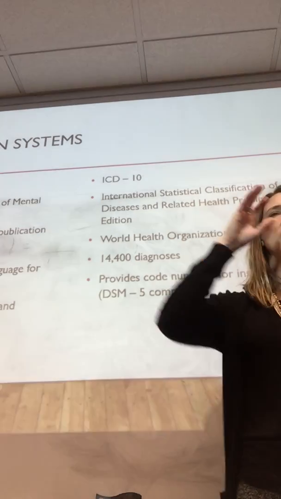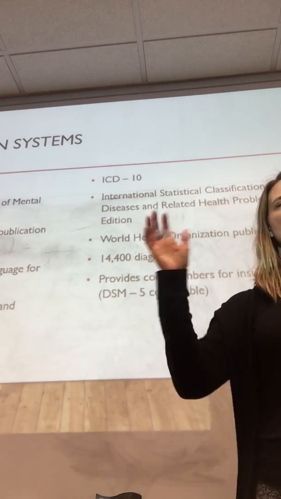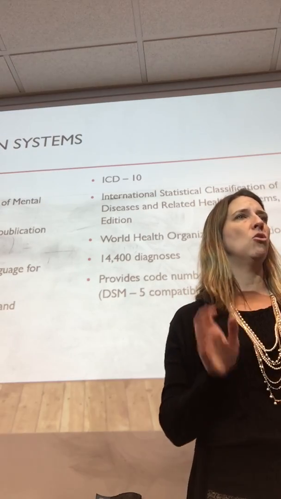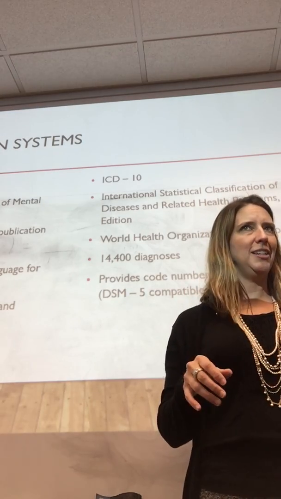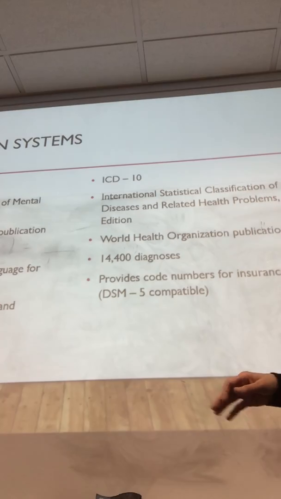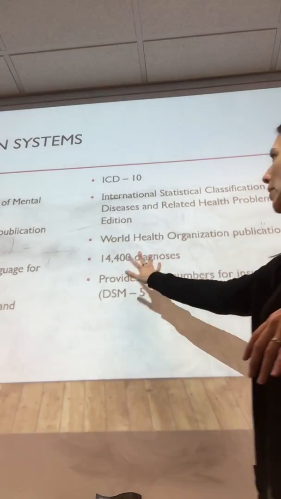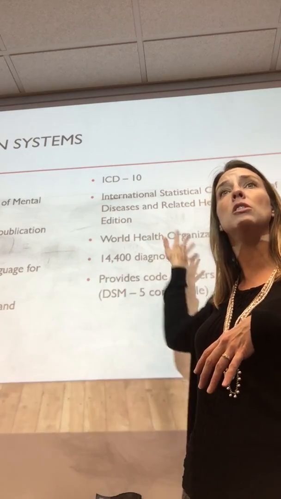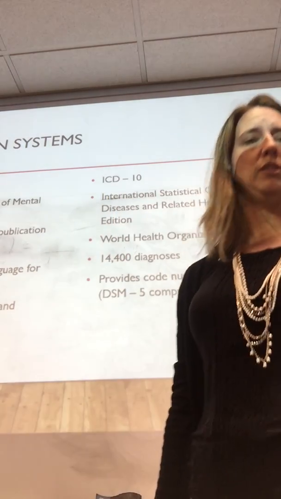They have the craziest diagnoses you can think of. They're all included in the ICD-10. If you can think of something that could horribly go wrong with you, you'll find a code for it in ICD-10. But just know that there are two different ones, but the codes are intentionally aligned.